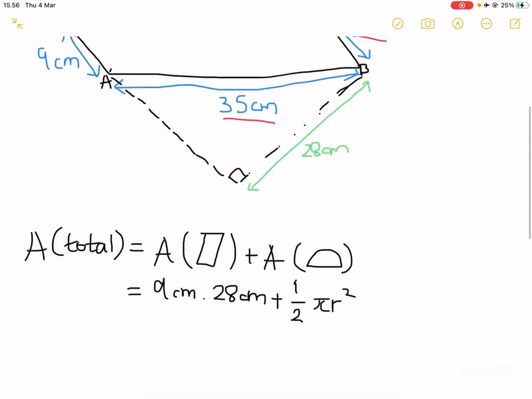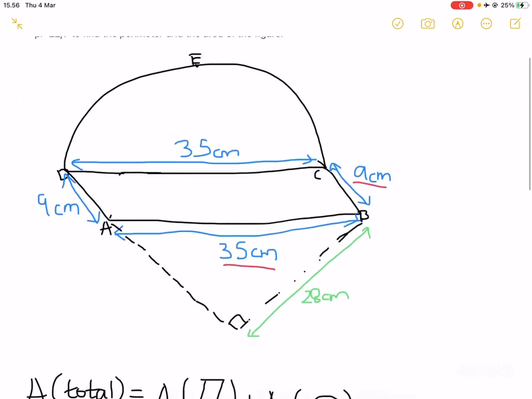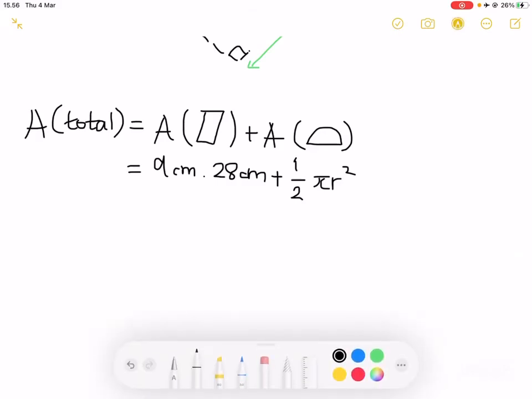And for the semicircle, we're only given the diameter. However, that's not really a problem because we can just divide it by 2, and we're probably best to work in fractions because it will be very easy for cancellations later. So the radius here will be 35 over 2 centimeters.